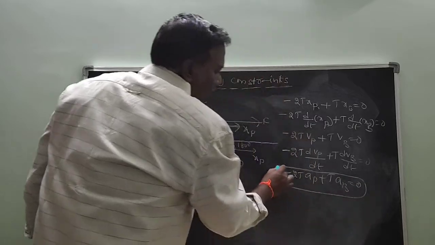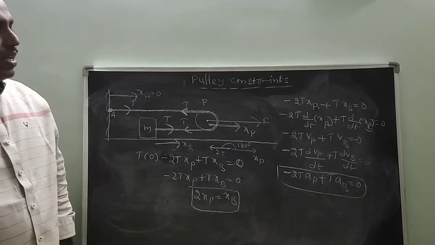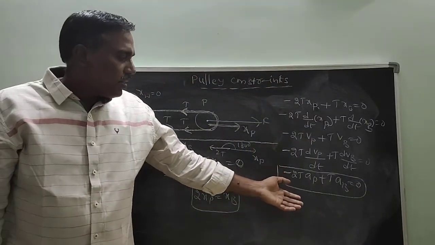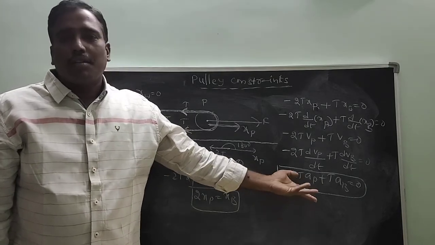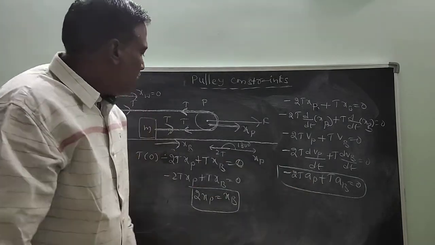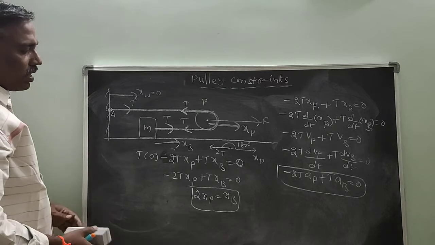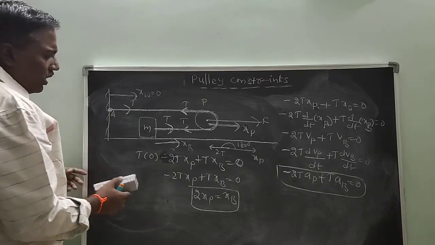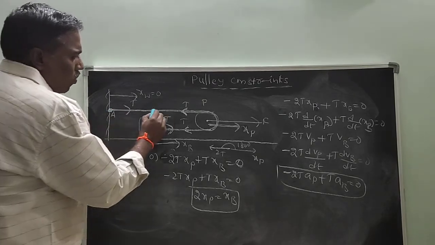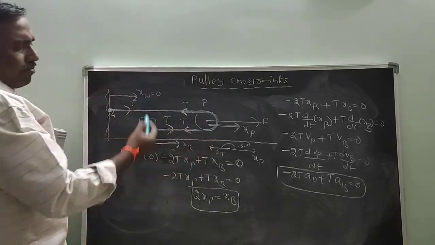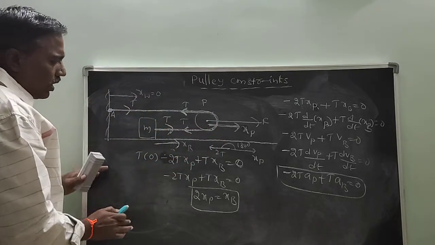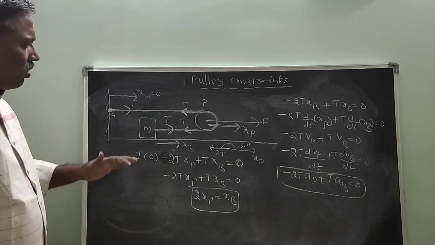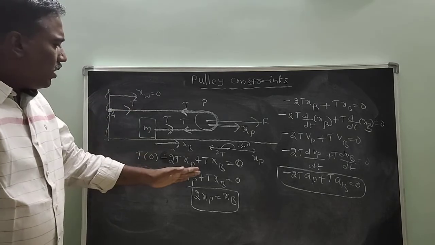This is the final expression for accelerations. This equation is generally known as the tension method. So this is the total work done by tension, and this is how to apply this method.